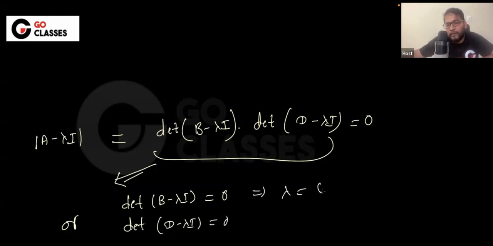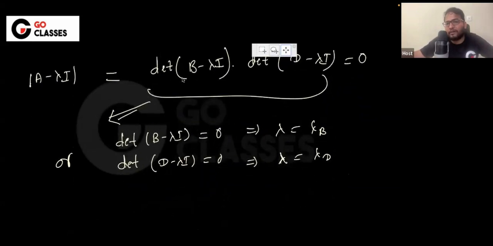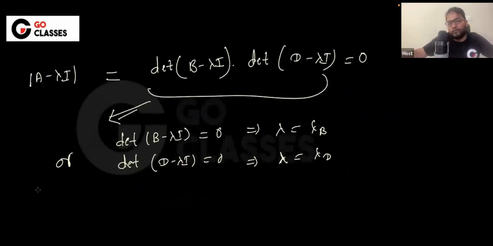It means lambda equals lambda B, I mean eigenvalues of B, or lambda equals lambda D, meaning eigenvalues of D. So all the eigenvalues of B and D are the eigenvalues of A, and vice versa also: every eigenvalue of A is either an eigenvalue of B or an eigenvalue of D, right? So I can write it here.